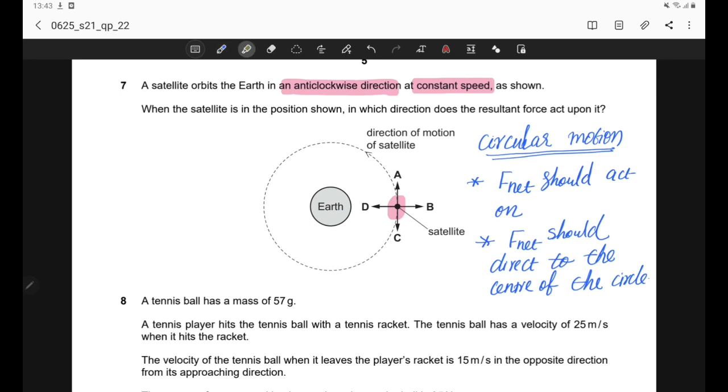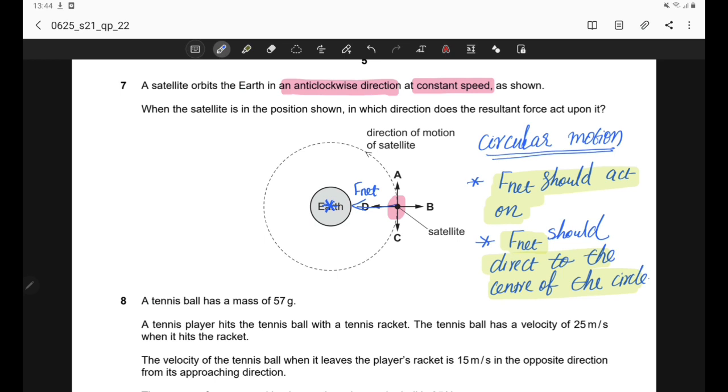So here, for this satellite to move in a circular path, there must be a net force acting on it. And what should be the direction of this net force? It must be directed to the center of the circular path. Here we can see the center of its circular path is the center of Earth, and therefore on the satellite there should be a net force acting which is directed to the center of the Earth.